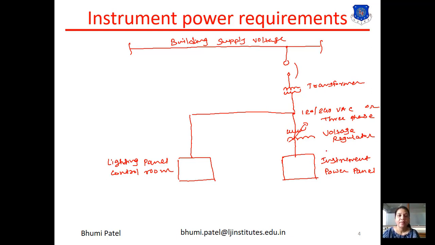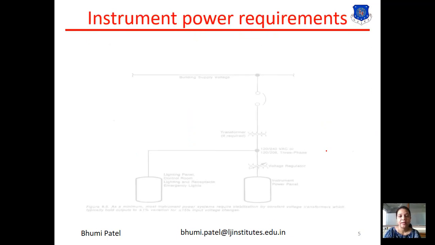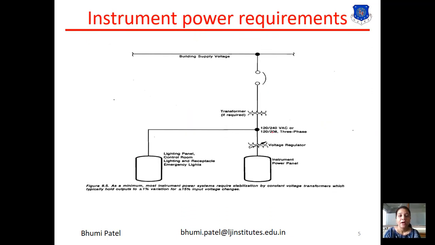So the first diagram is the instrument power requirement. Most instrument power systems require stabilization, or voltage regulation, by a constant voltage transformer, which typically holds outputs to plus or minus 1% variation for plus or minus 15% input voltage changes.